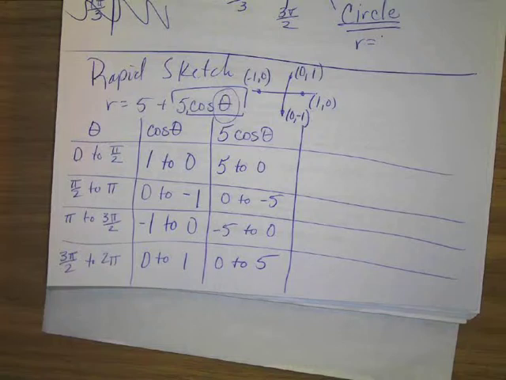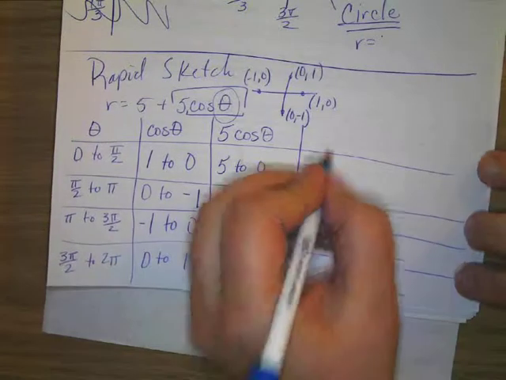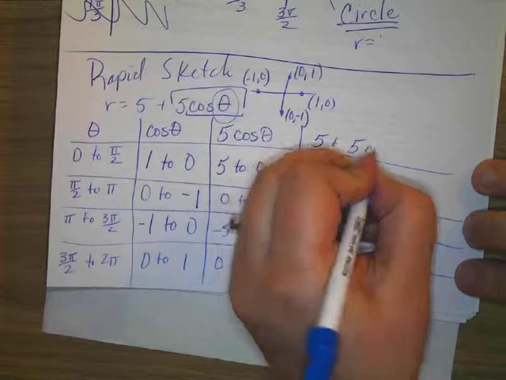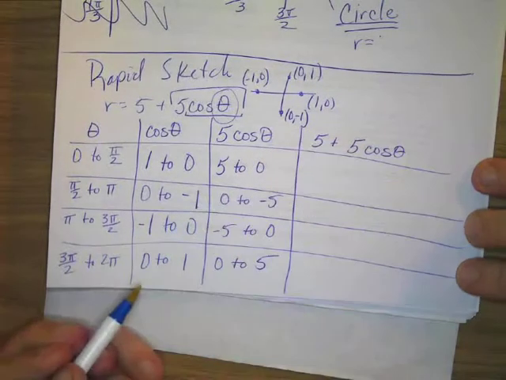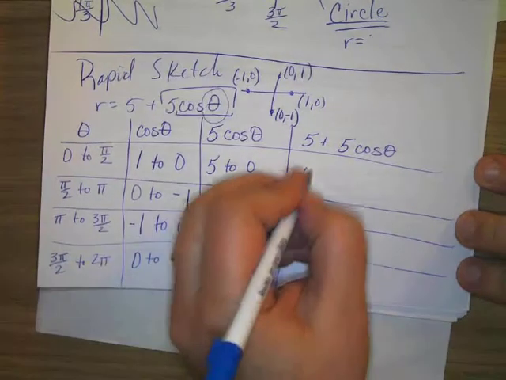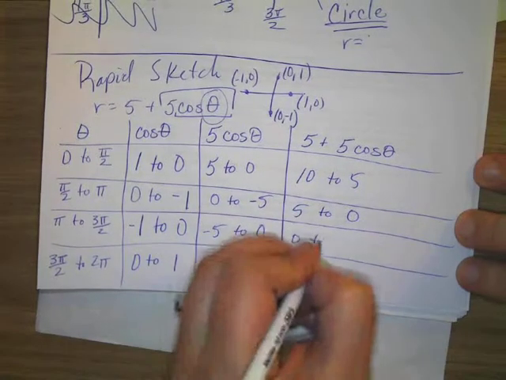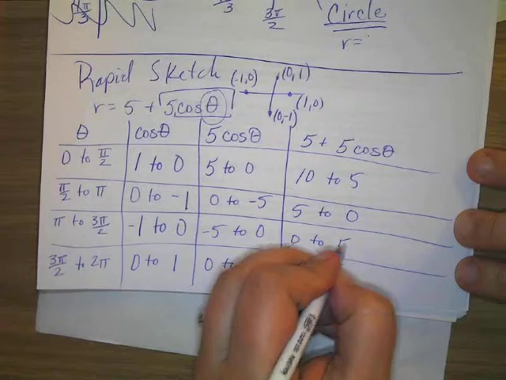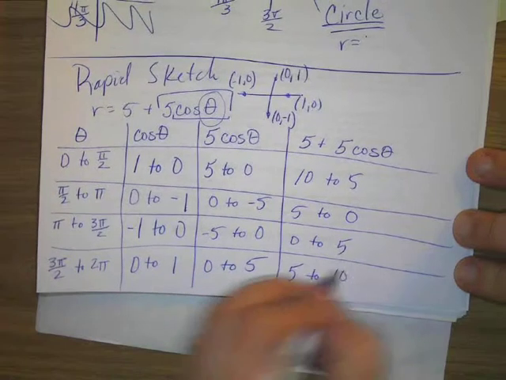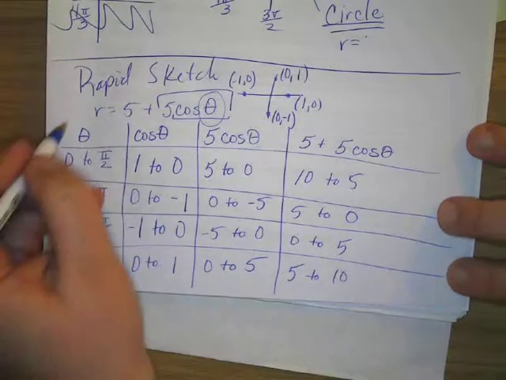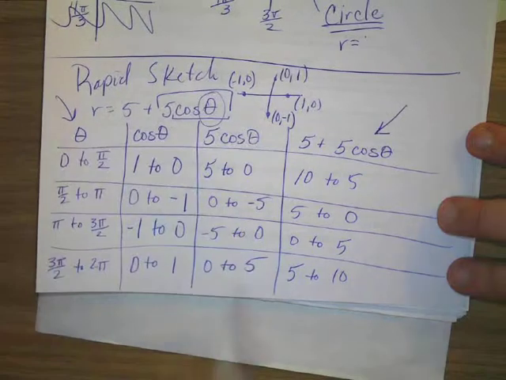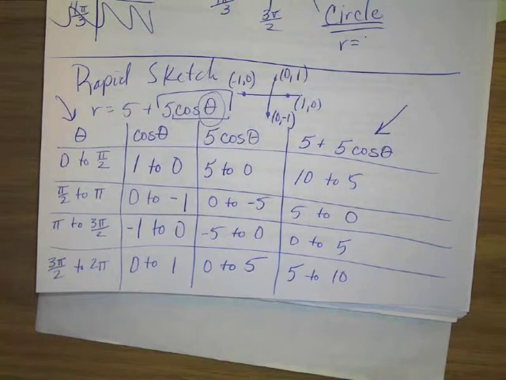And then the last one is where we put the whole thing down, which is 5 plus that. So what are we going to do to all those numbers? Add 5. And so the first column and the last column, that's what we're going to graph.